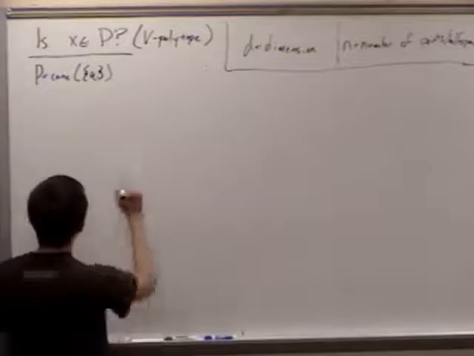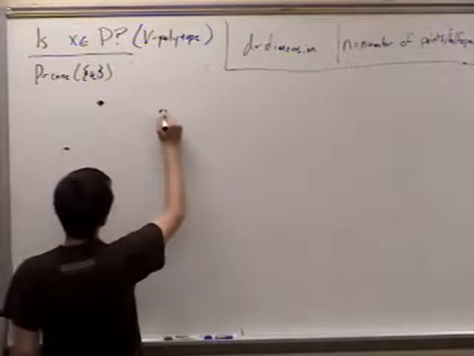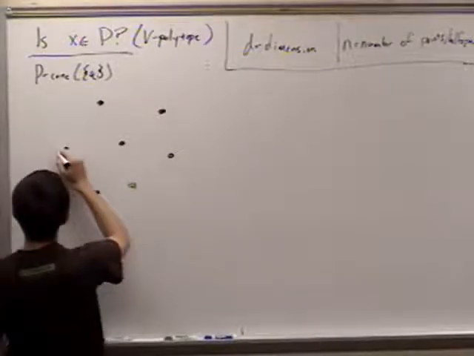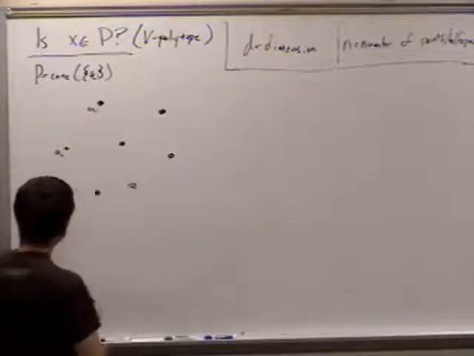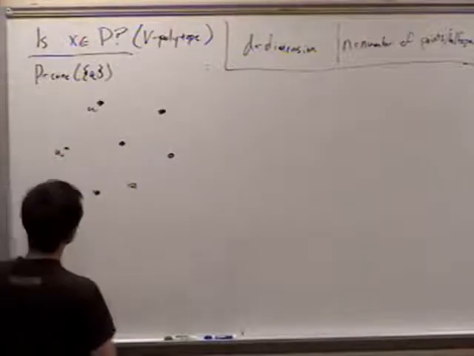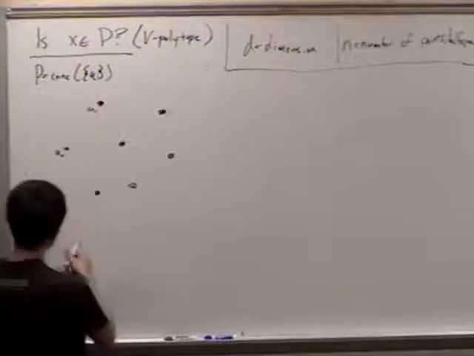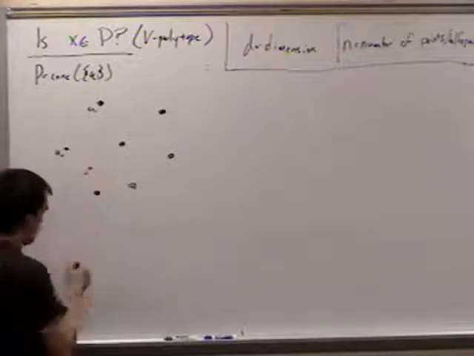So let's draw a picture here. Call this one a0, a1, etc. And we'll suppose that we have some point here, let's call this one x.